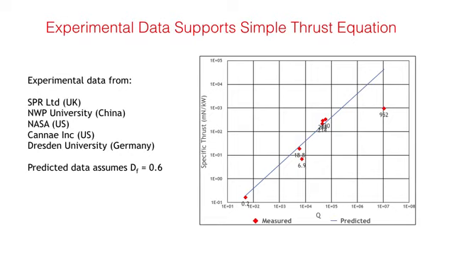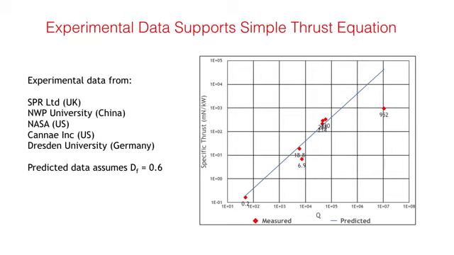The acid test for any scientific theory is, does it make predictions which are demonstrated by experiment? Experimental data has been published for 7 different EmDrive thrusters from 5 organizations worldwide. The chart shows specific thrust, that is thrust in millinewtons per kilowatt of input power, plotted against the measured Q of the cavity.